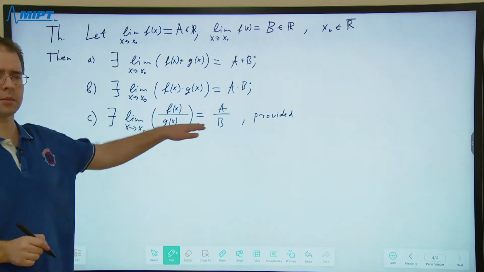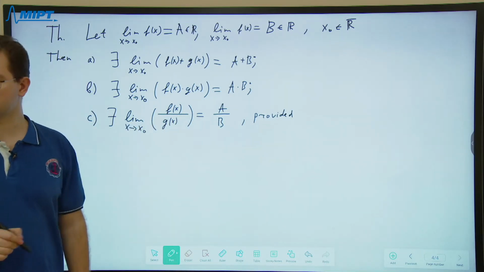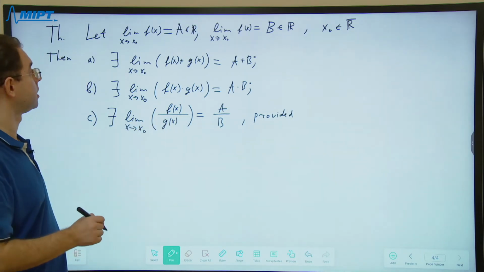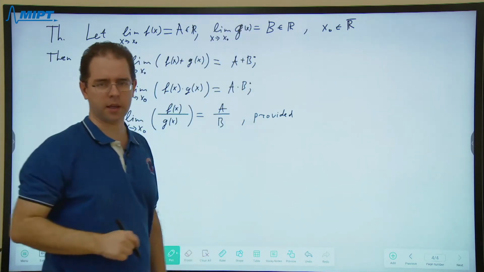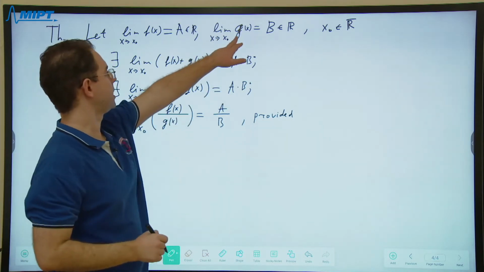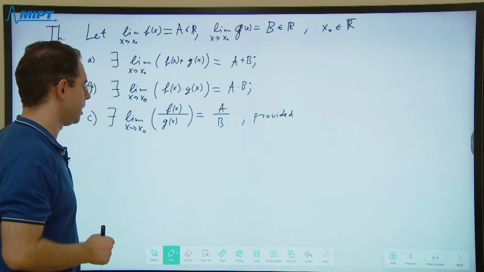Provided that the denominator doesn't turn into 0. I think you have to write g of x. G of x, of course. Thank you. This was a typo. Here it was g of x.